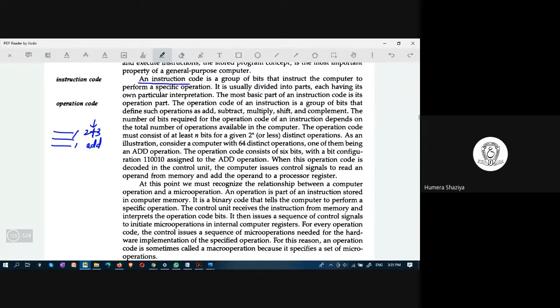An instruction code is a group of bits that instruct the computer to perform a specific operation, and it is divided into parts.